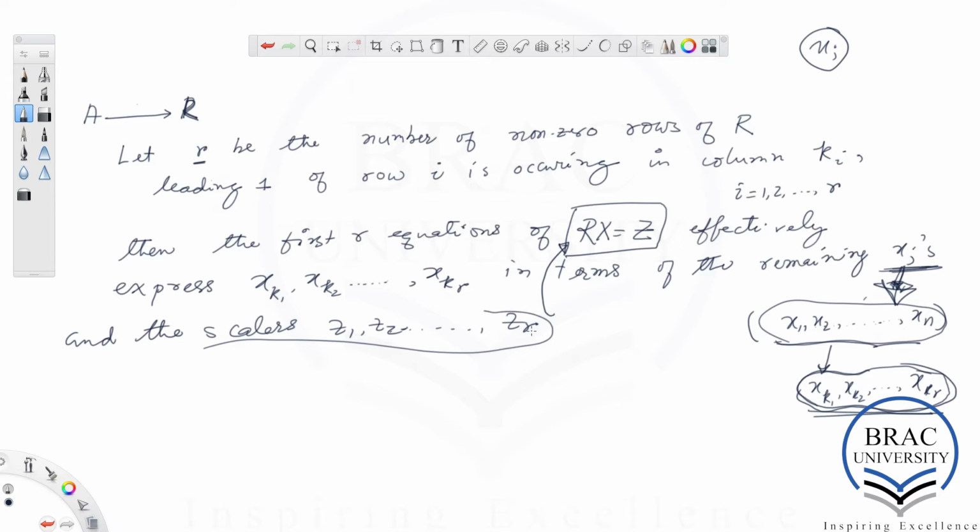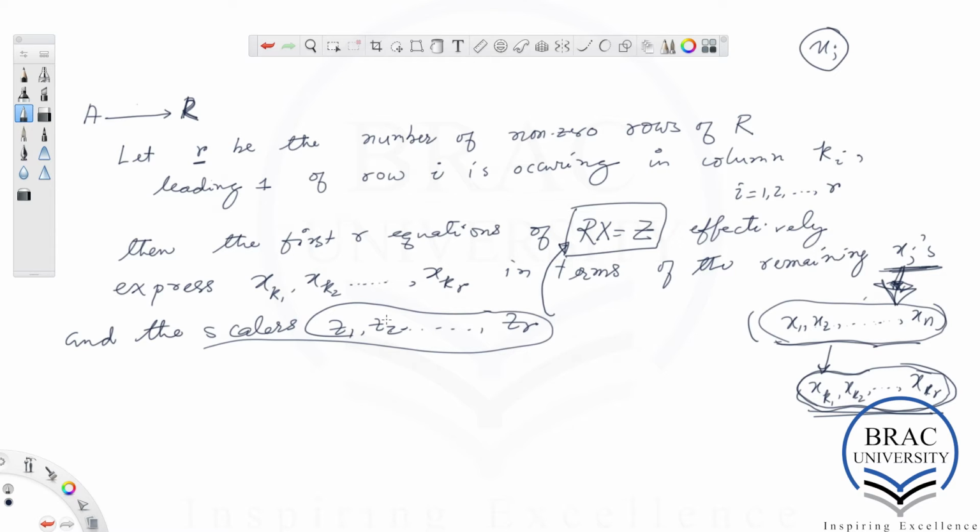Earlier we expressed the leading variables as linear combinations of the free variables, but here the scalars play their roles as well, because it's an inhomogeneous system of linear equations.